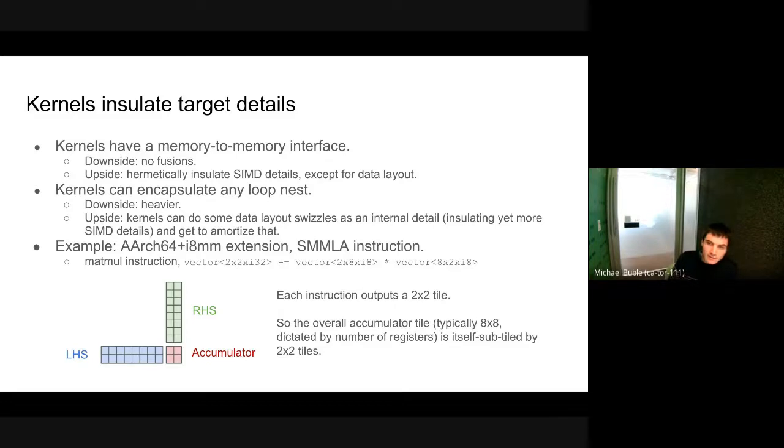That's not the first time that we have SIMD instructions specifically for speeding up matrix multiplication. But it is the first time on ARM that we have an accumulator register that is itself a matrix with a size of more than 1 in both dimensions.